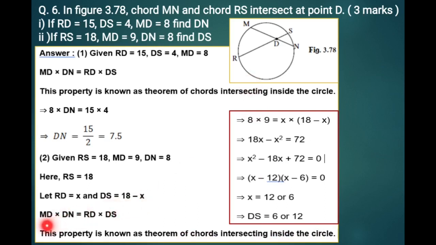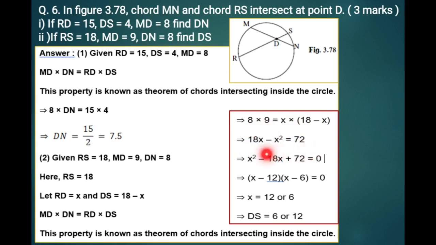We replace the value of ED as 8, the value of DN as 9, RD as x and DS as 18 minus x. Multiplying x on the right hand side, we get x into 18, that is 18x, and x into minus x gives minus x square. Writing RHS in LHS and LHS in RHS, 8 nines are 72.